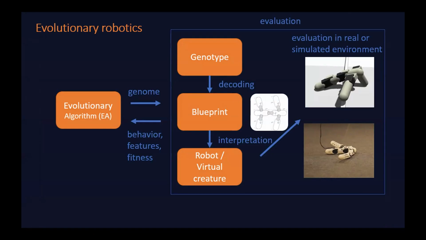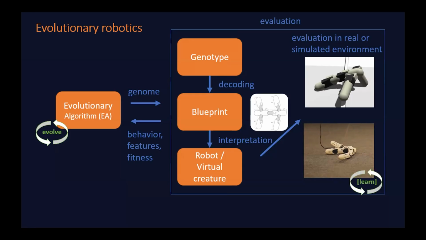And then you get some kind of behavior of that robot, and you can give that back to the evolutionary algorithm in terms of behavior descriptors, features of the robot, and at least some fitness function or a reward that tells something about how good you think the robot is performing. And then there is an evolutionary loop that iterates and tests out many robots and gets in the end to a good result. There could also be a learning process on this side.